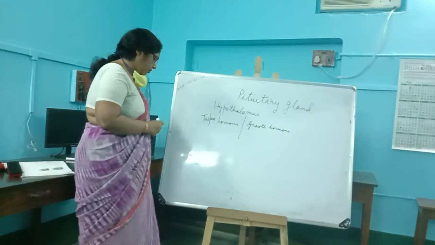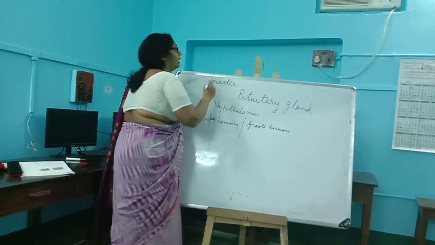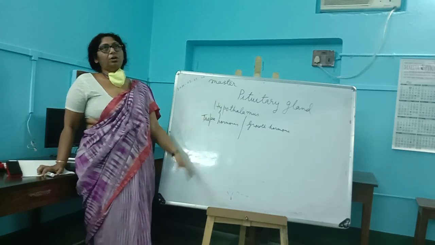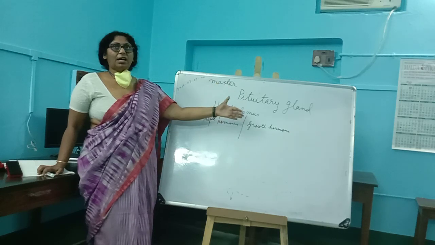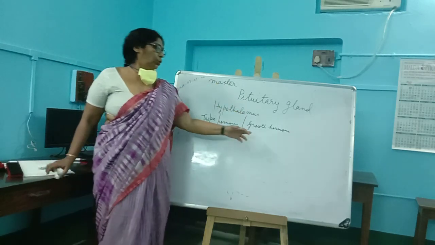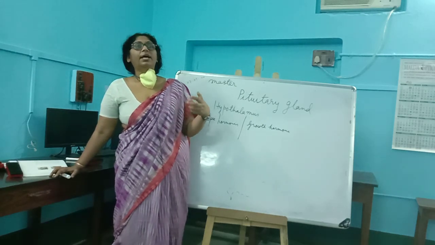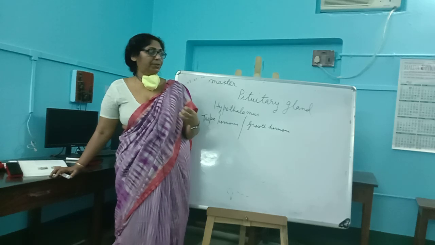Master, M-A-S-T-E-R. Because it is producing tropic hormones which can control the functioning of the other glands of the body. And what is the other hormone coming out of it? One is the growth hormone, which is controlling the growth and development, especially the growth in the height of a person, the development of the bones of the person, etc.